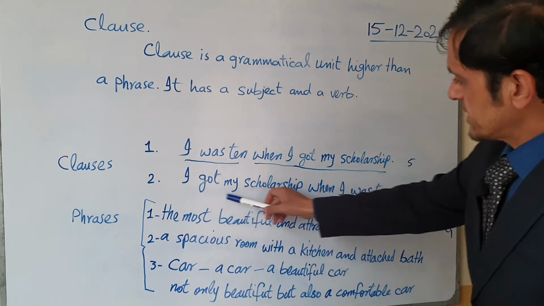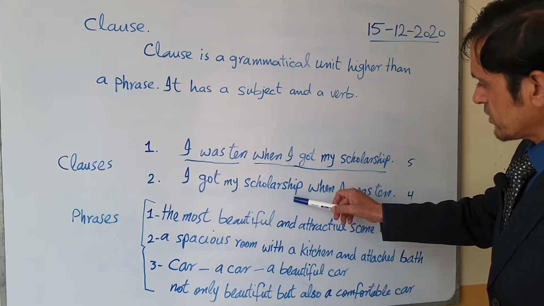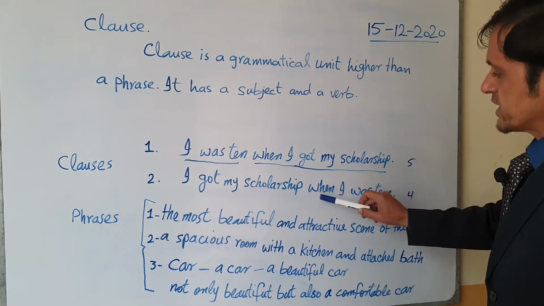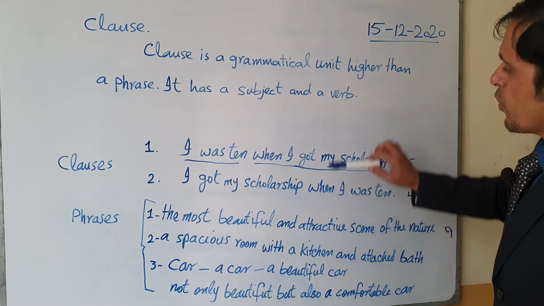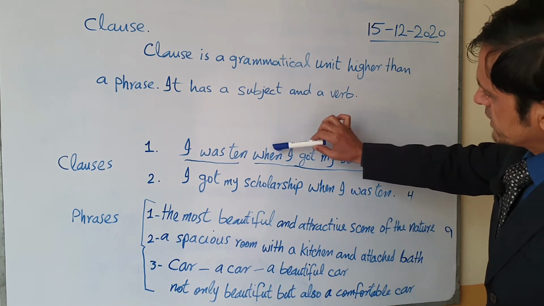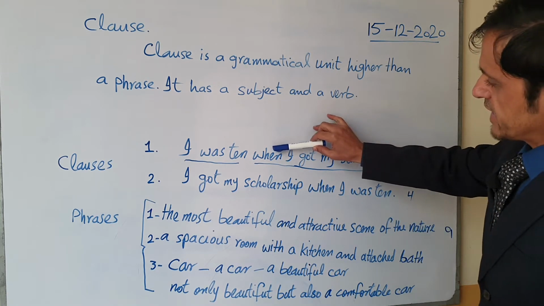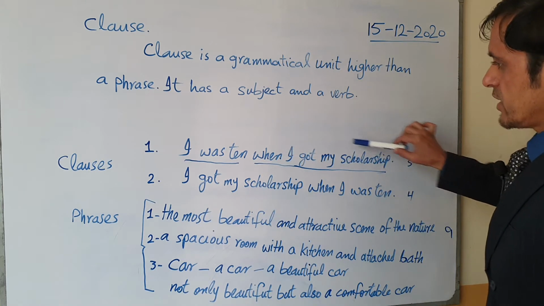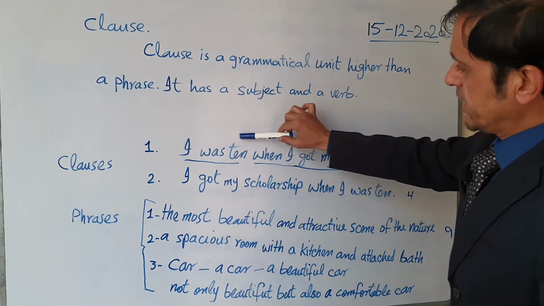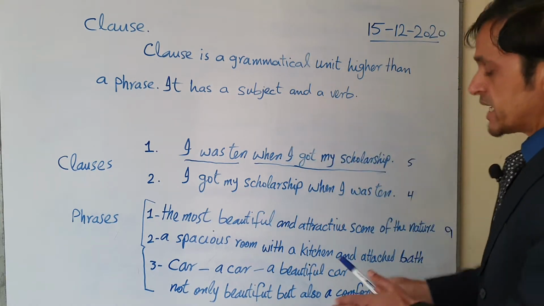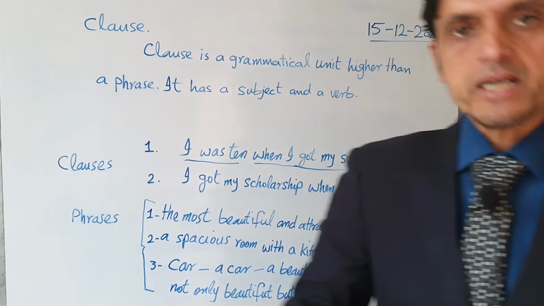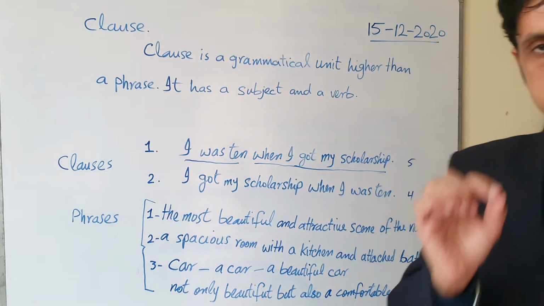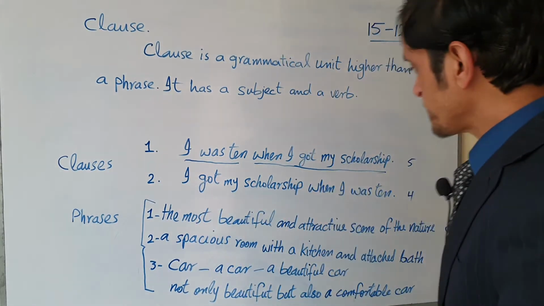So this is an independent clause and this is a dependent clause. Why? Because in this clause we find the word when, so it is a dependent clause and this is an independent clause. But both of them are clauses because both of them have a subject and a verb.